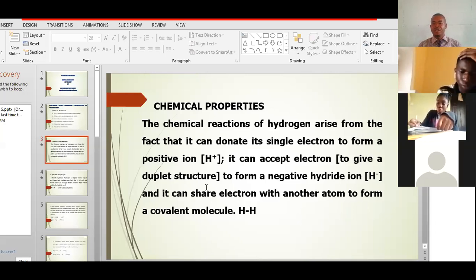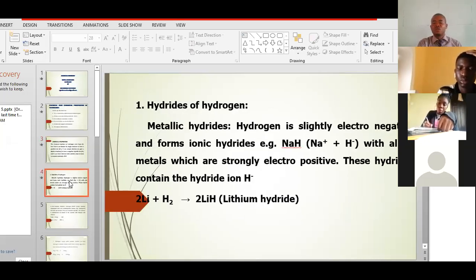Then you have the hydride ion as well. Then we say that hydrogen can donate electron for sharing with one another to form a molecule of hydrogen gas. Based on these 3 characteristic behaviors, the potential of hydrogen, hydrogen reacts with other elements to form varieties of compounds. Then number 1, we have the hydride of hydrogen.